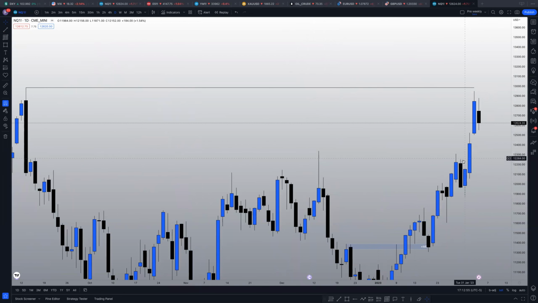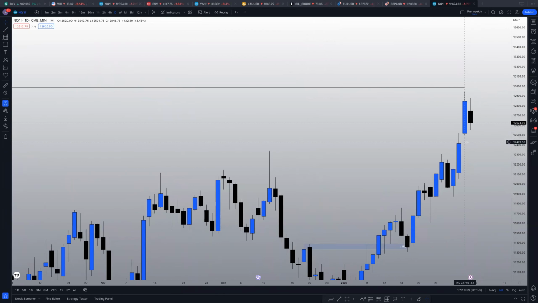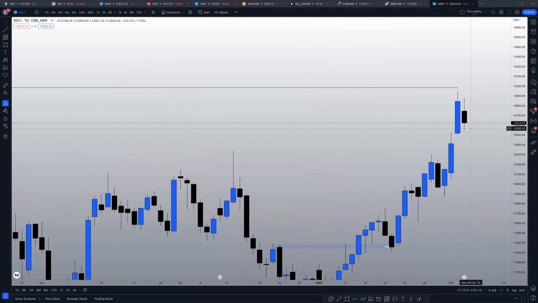I'm going to be looking into this order block here / inefficiency.